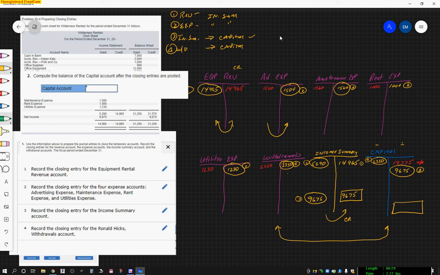There's your decrease side. There's your increase side. And that should give you a balance of $27,100. So this is the balance, $27,100.